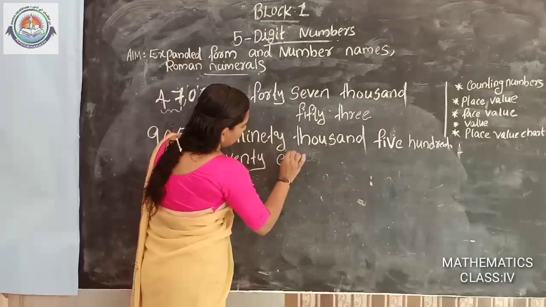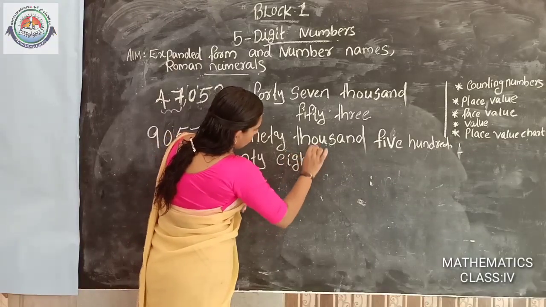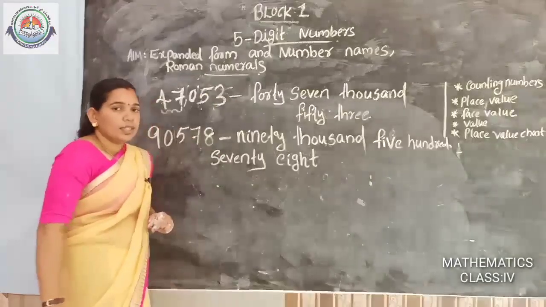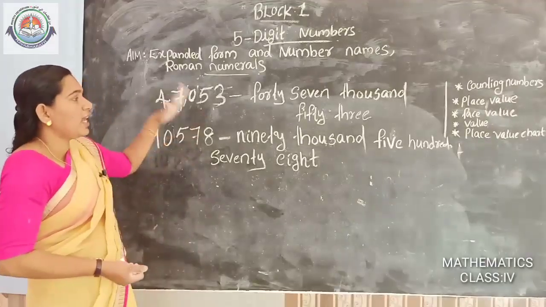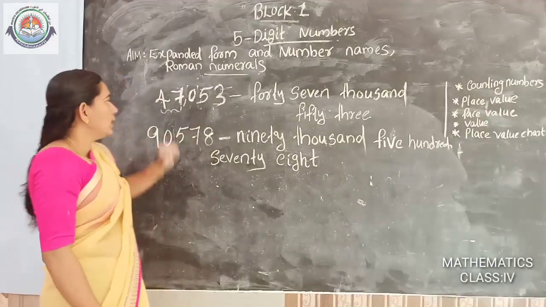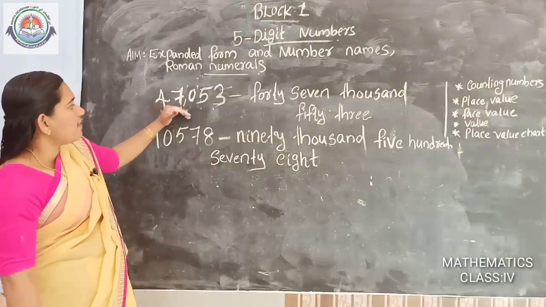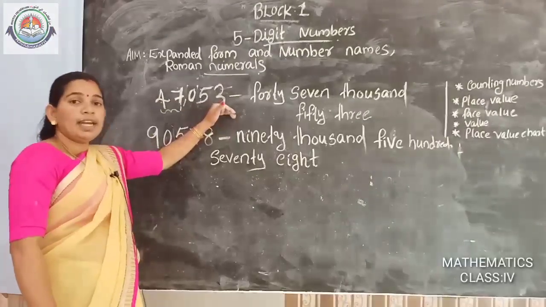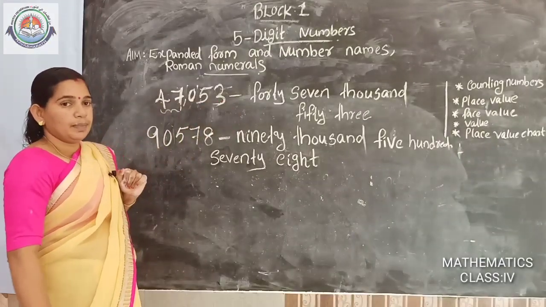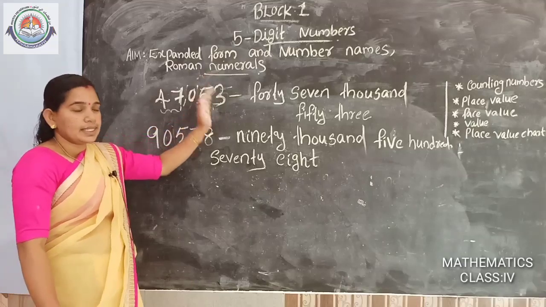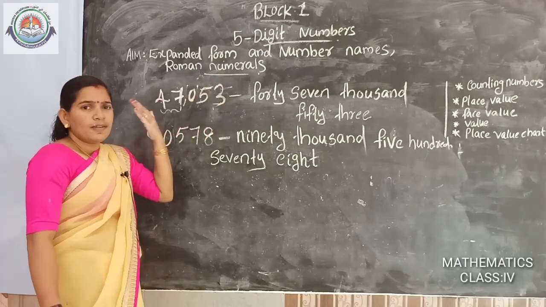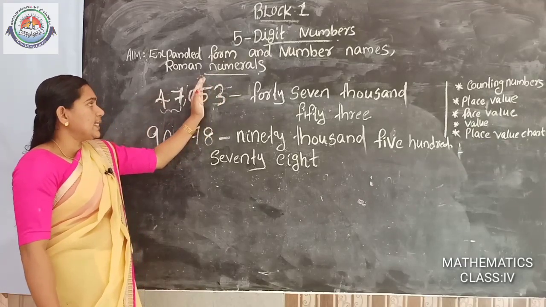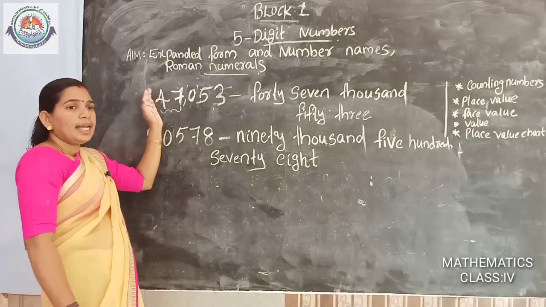Okay, once more I say, without expanding, how do we give the number names? 47053 is the given number. How to give the name? We will check the places. From here onwards we will count: ones, tens, 100, 1000, 10,000.